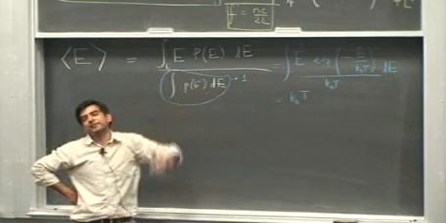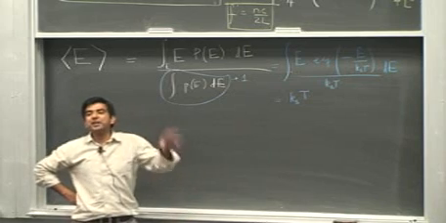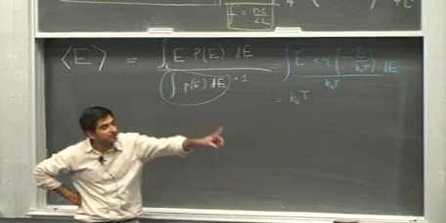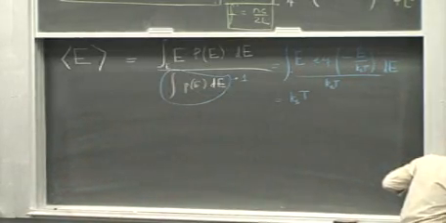Then go home and solve this integral. So the average energy, classically calculated from the Maxwell-Boltzmann distribution, is KBT, somewhere here.